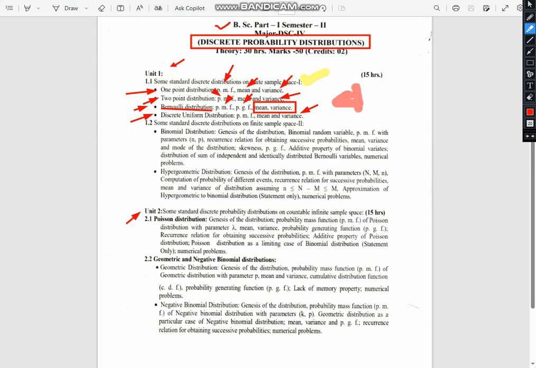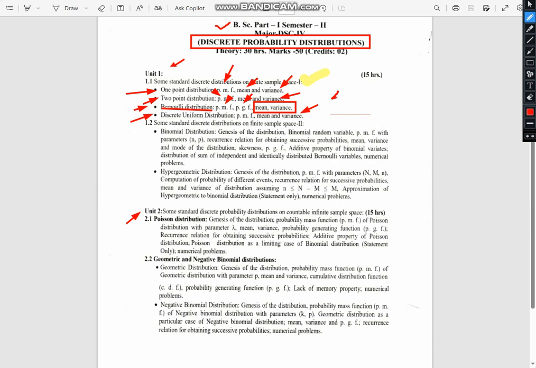What are these four distributions? They are the 1-point distribution, 2-point distribution, Bernoulli distribution, and discrete uniform distribution.